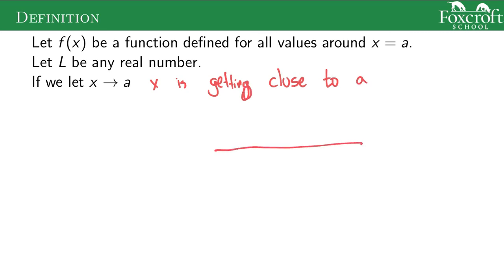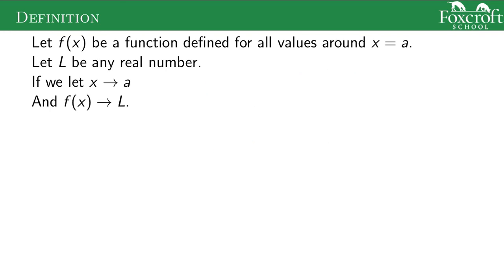So again, if we think about the number line, in that table we had in the last video, we started here, our next value is there, there, there, there. So we're trying to get really close to a. And it turns out our function values, and again, these are just our y values, those get close to L.